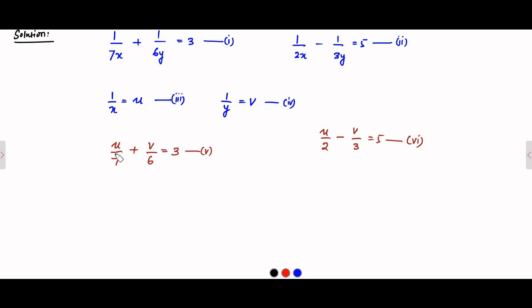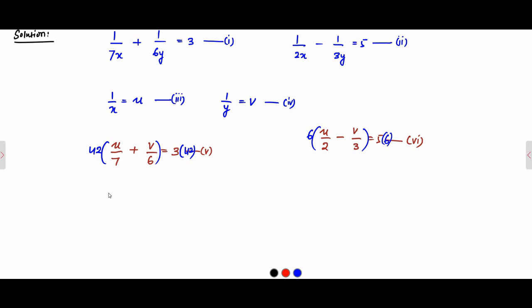So here we'll multiply 42 on both sides, and here we'll multiply 6 on both sides.